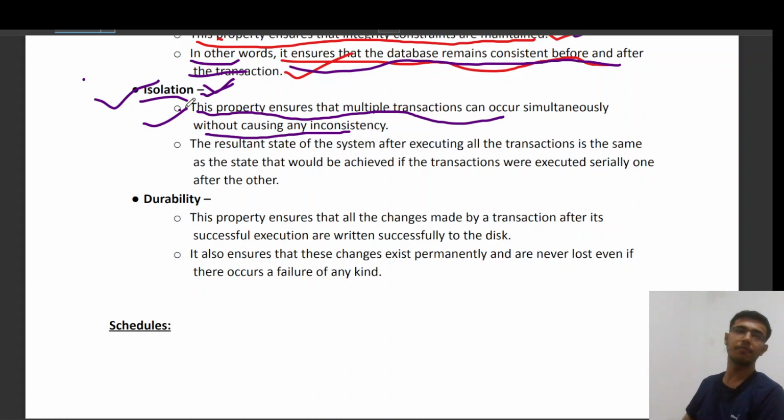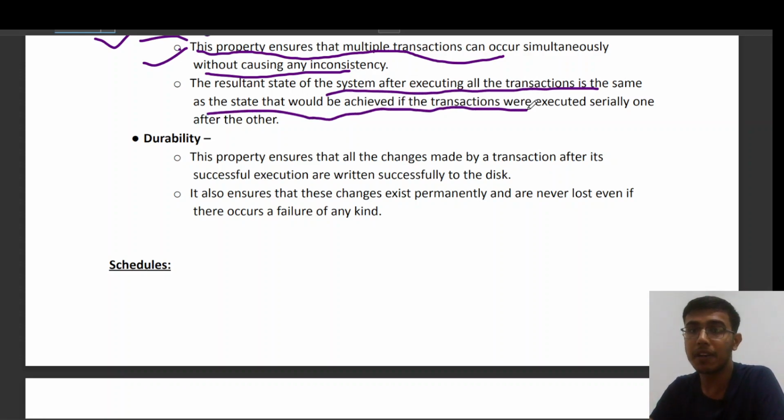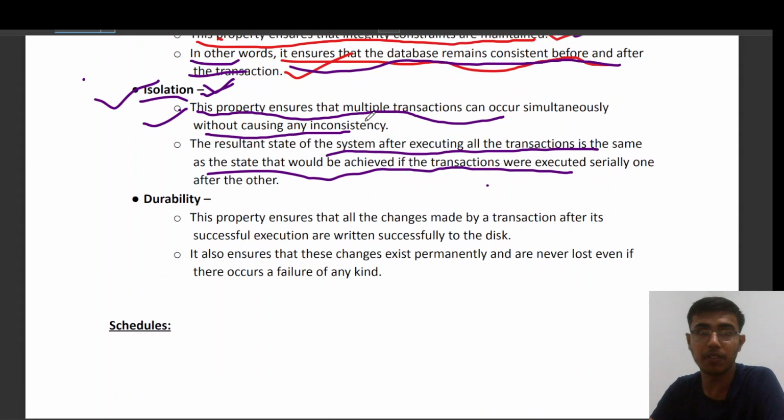The resultant state of the system after executing all the transactions is the same state that would be achieved if the transactions were executed serially, one after another.